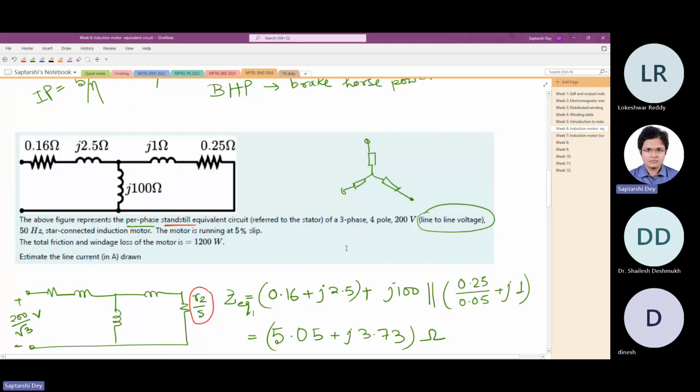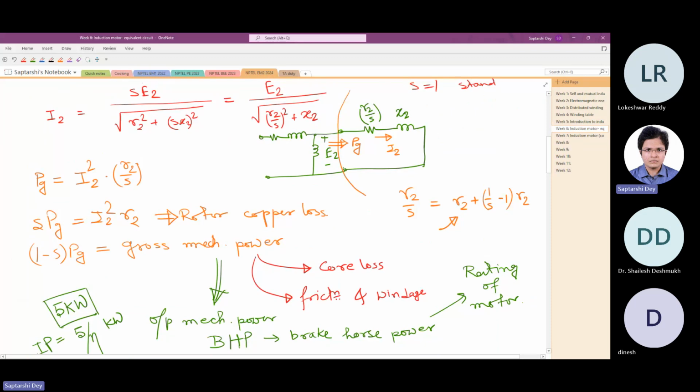So here, what we had is the first term, the rotor loss. The power lost in the rotor circuit is also called the slip power. And this is the mechanical power.